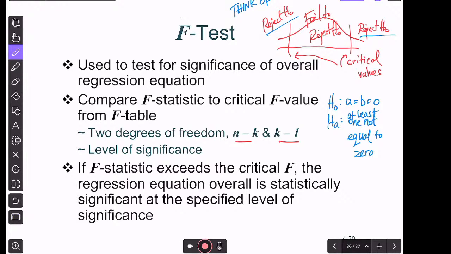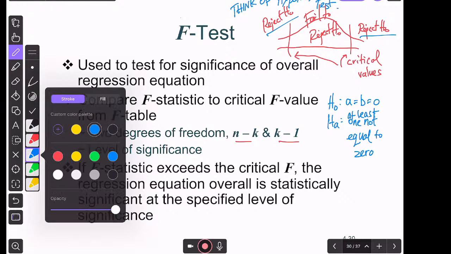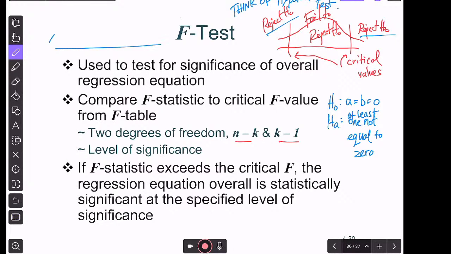Think of hypothesis testing. But the F test is on the F distribution that looks skewed. Anyway, don't need to get into that too much.